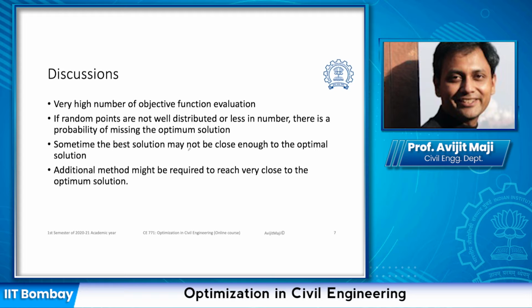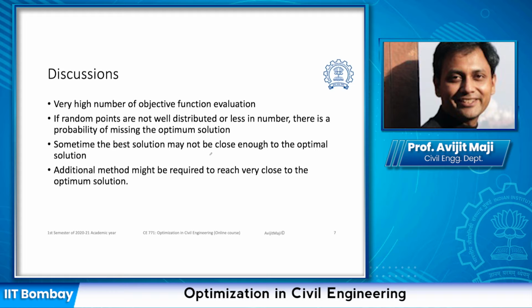So in this process, we end up evaluating a very high number of objective functions in order to find the optimum solution. You can imagine that if the random points we generate are not well distributed, then there is a probability that we might miss the optimum solution. Sometimes in this method, the best obtained solution may not even be close to the optimum solution of the given problem. So these are the general drawbacks.